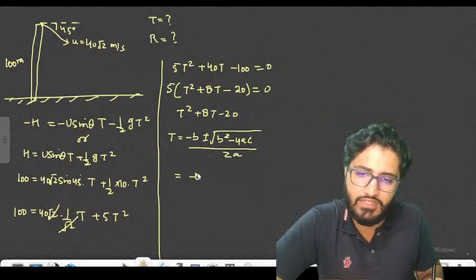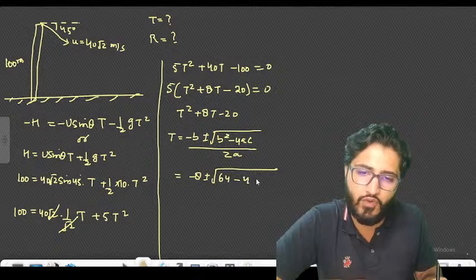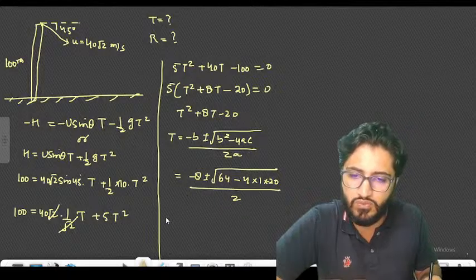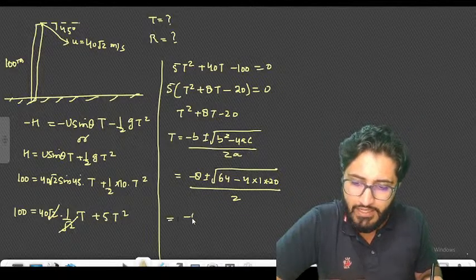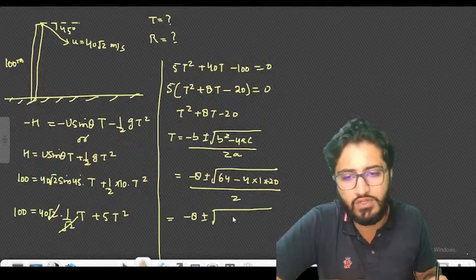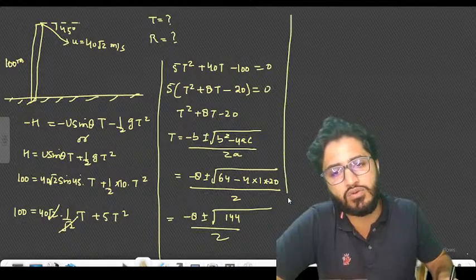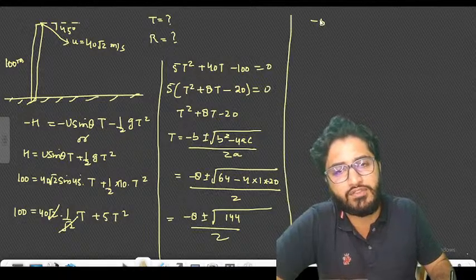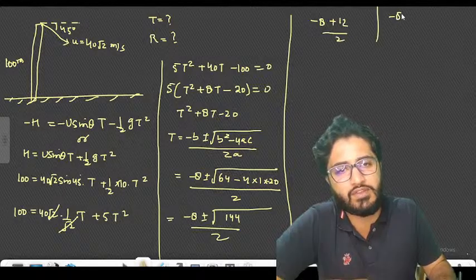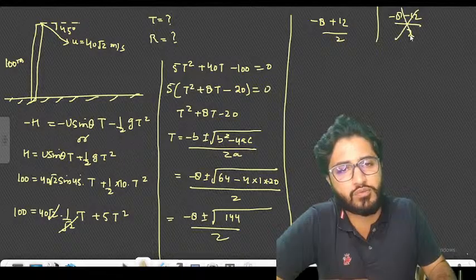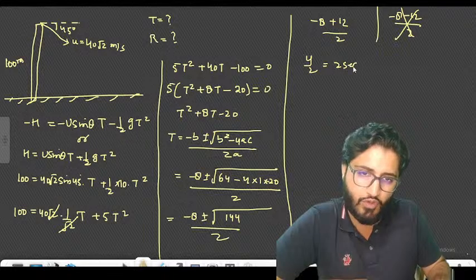I can write minus 8 plus minus under root of 8 square, it is 64, minus 4 into 1 into c, is minus 20, divided by 2 into 1 is 2, right? So I can write minus 8 plus minus under root of this becomes 144 divided by 2. Now look, I can write minus 8 plus 12 by 2 or minus 8 minus 12 by 2. This is negative, not possible. 12 minus 8 is 4, 4 by 2 that is 2. So 2 seconds is my possible answer.